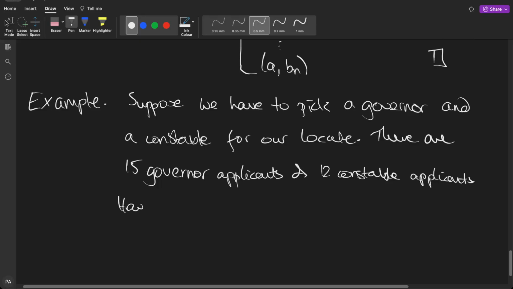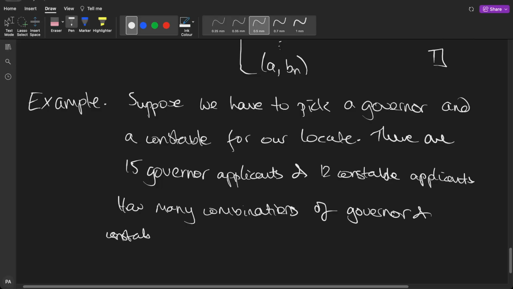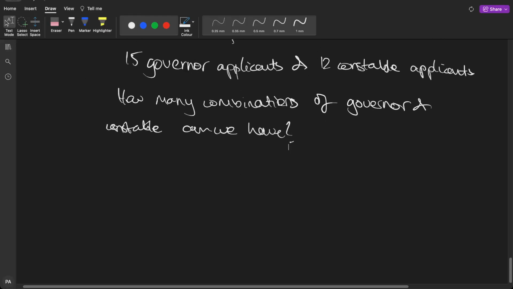How many combinations of governor and constable can we have? This question is a classic example of the multiplication rule.